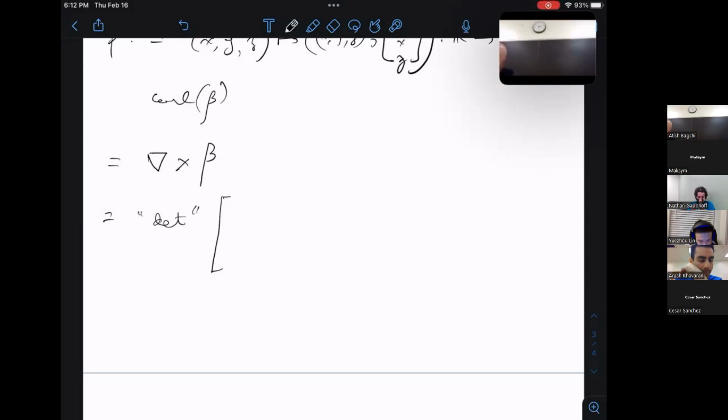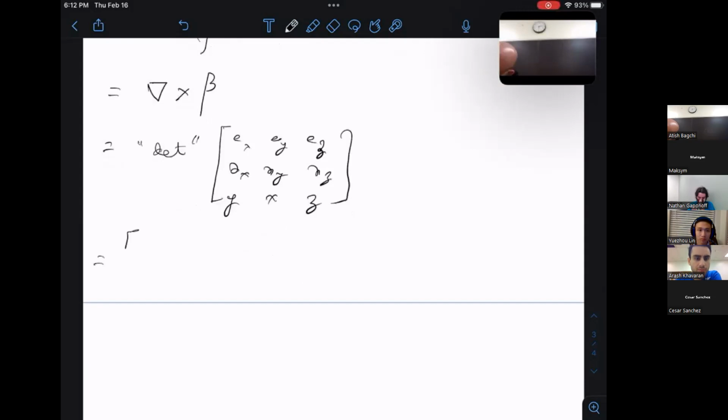So for the curl, I will make the first row EX, EY, EZ, and then del x, del y, del z, and what did you say it was? Yxz. So this will be equal to, now, of course, you calculate this.